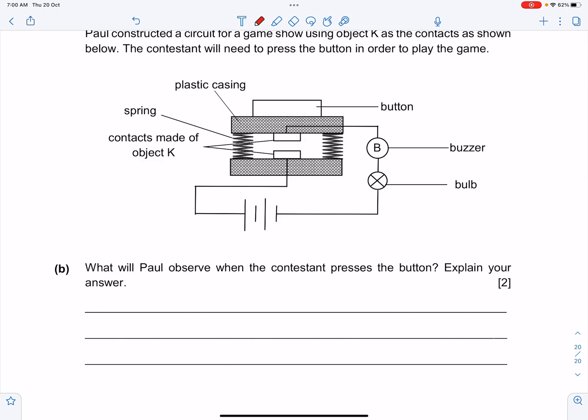So when he pressed the bell, okay, we have a downward force, right? So this will actually come together. So because these two are conductors of electricity, that means electricity can pass through it. Okay, I would know that this will become a complete circuit. So both my buzzer and my bulb should be activated. My buzzer should ring and my bulb should lit up.